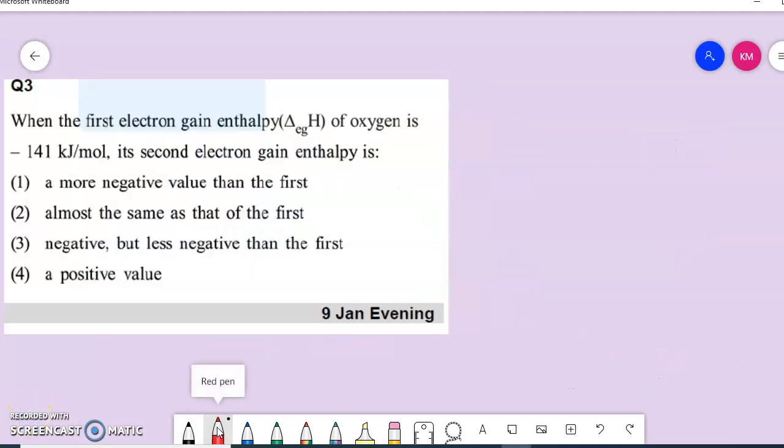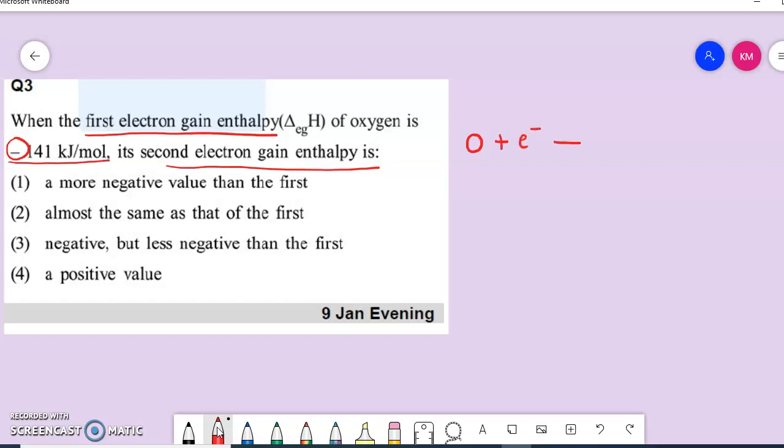Here is the next question, children. The first electron gain enthalpy, that is delta Heg, of oxygen is -141 kJ per mole, that is negative, and its second electron gain enthalpy is, children, you know it, what is electron gain enthalpy? Suppose I take oxygen and add an electron, oxygen can be converted into O-, and then it releases some amount of energy.